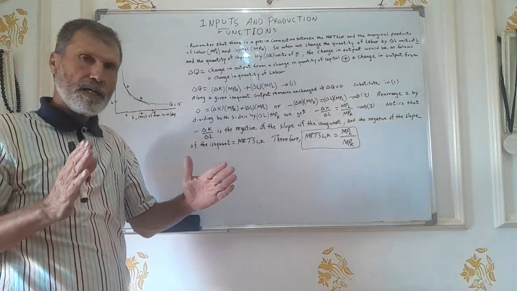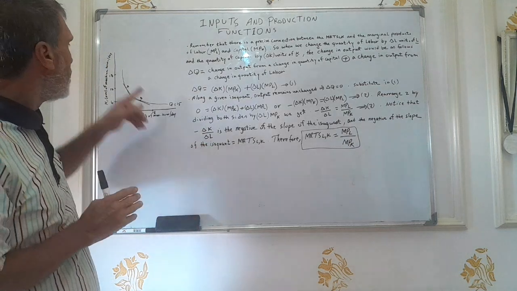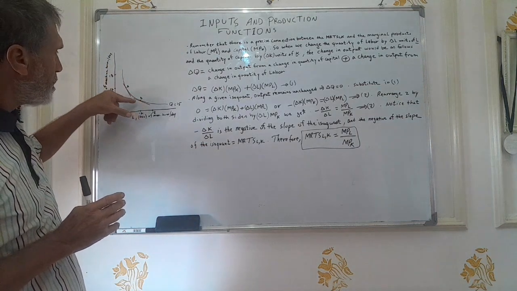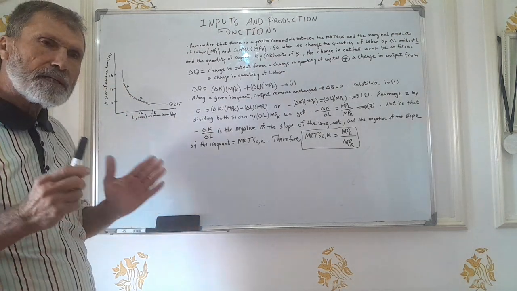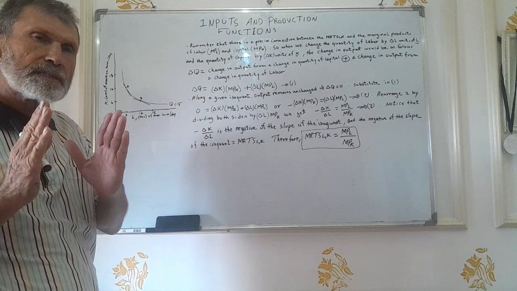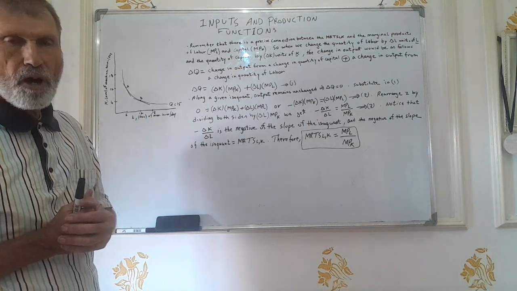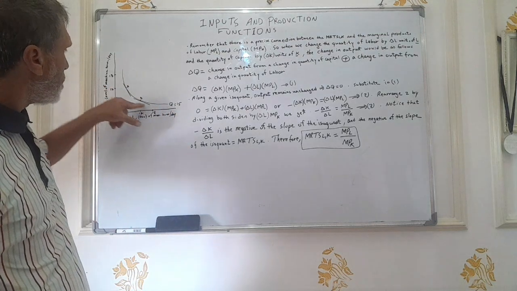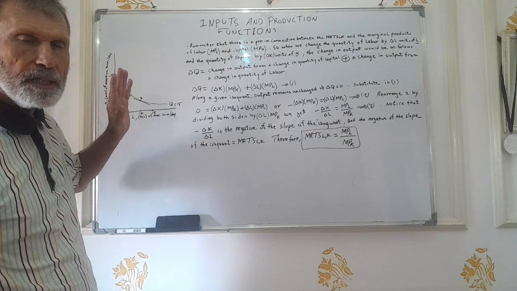You remember, an isoquant is a curve that shows all the combinations of labor and capital that give you the same level of output. Now, along this isoquant, Q is the same, which is 15. No change in Q.